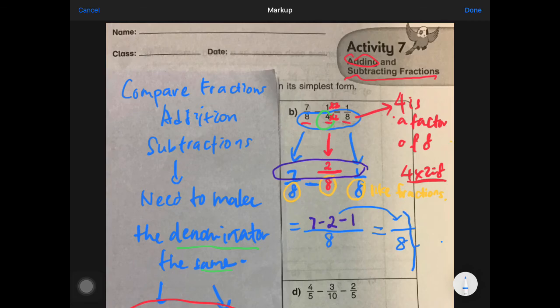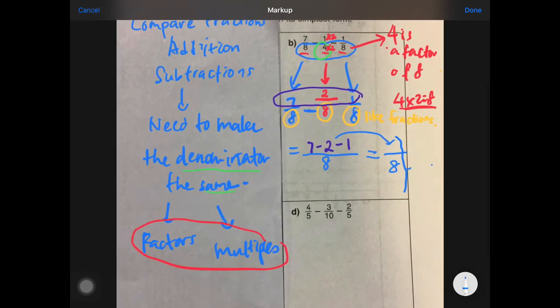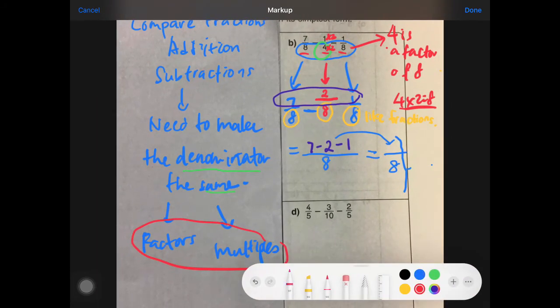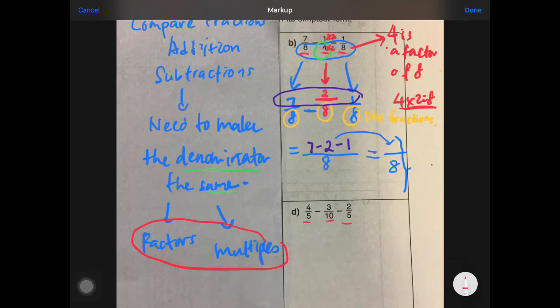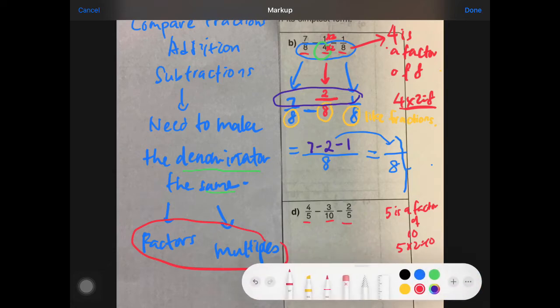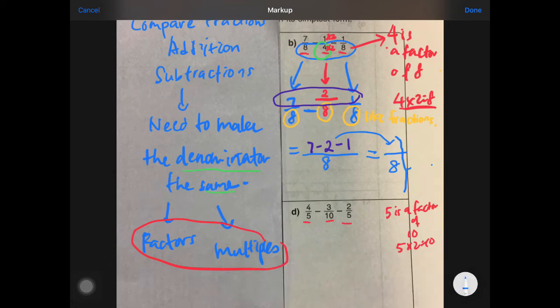So very quickly, let's look at the next one. Same thing, the denominators are not the same. We must make them the same. So 5 is a factor of 10, because 5 times 2 equals 10. So we keep the 3/10.